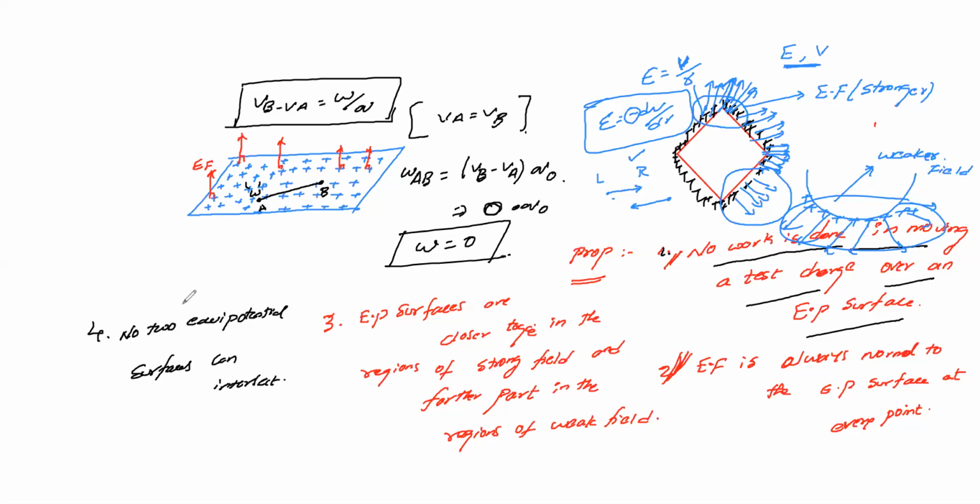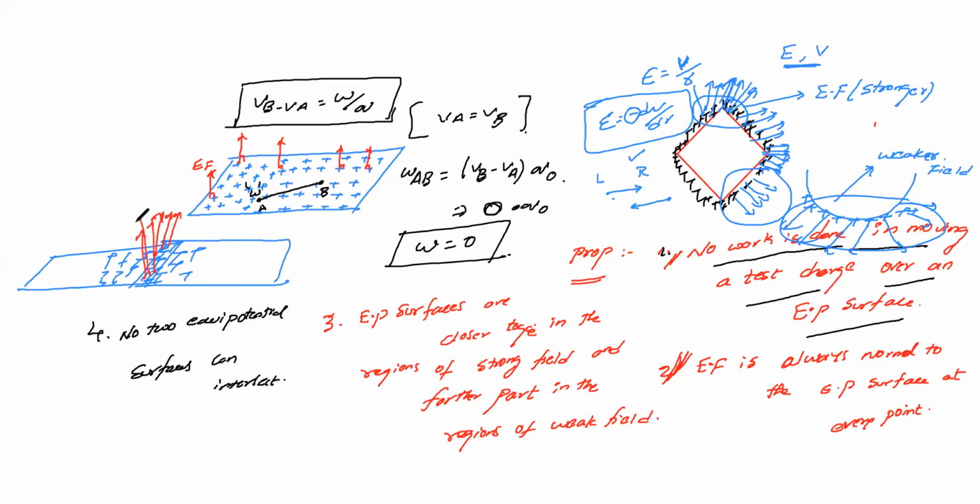Let's see the fourth point. No two equipotential surfaces can intersect. Suppose these two equipotential surfaces are intersecting, one on the other. When they intersect with each other, there will be two values of electric potential at the intersection point.